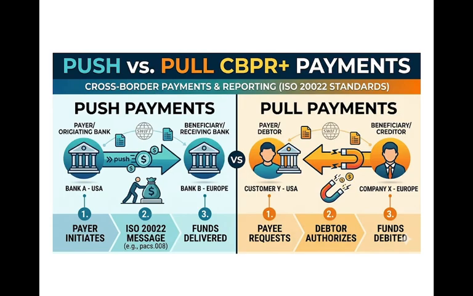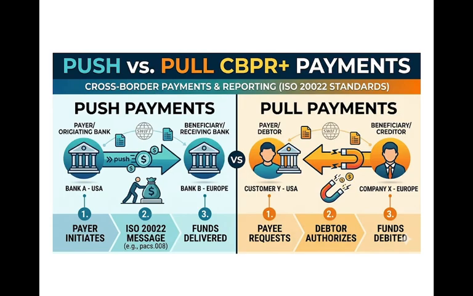Key message: pacs.008, financial institution to financial institution customer credit transfer, is the primary message for push payments. Examples: cross-border wire transfers, digital wallet payments, and one-off transfers where the debtor controls the payment initiation. Process: the debtor sends a push command to their bank, which then sends the structured ISO 20022 message to the creditor's bank.